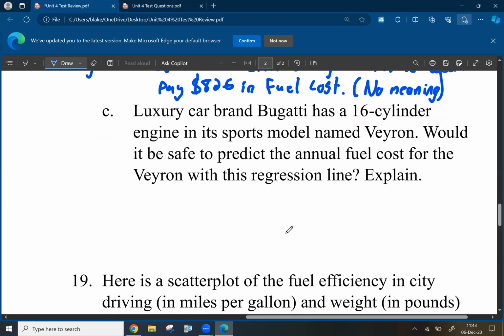So, and C, luxury car brand Bugatti has a 16-cylinder engine in its sports model named Veyron. Would it be safe to predict the annual fuel cost for the Veyron with this regression line? So that goes back to this graph.